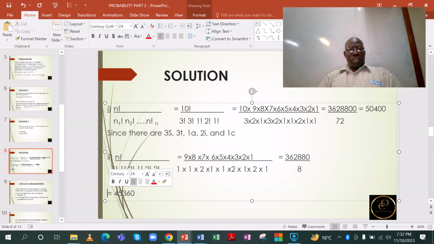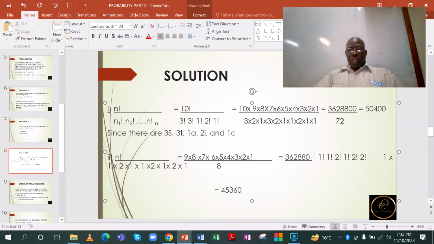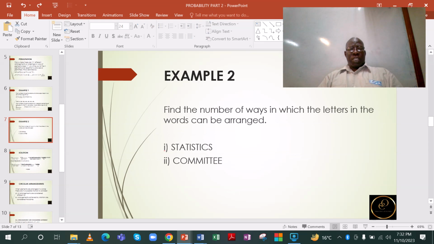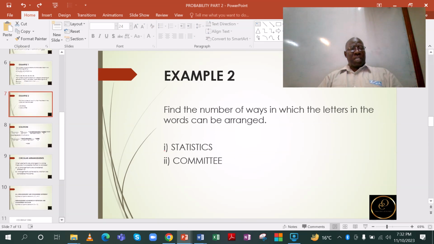Finally, when you resolve this, you are going to end up having a figure of 45,360. So that's the answer for this other word, committee: the number of ways in which these letters can be arranged. So that's how we solve that one.